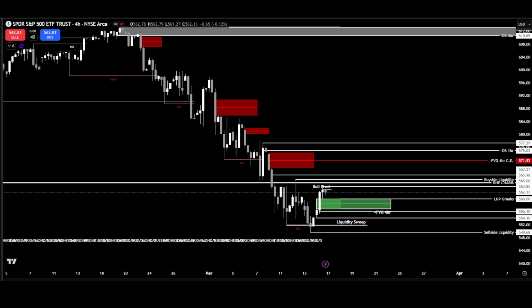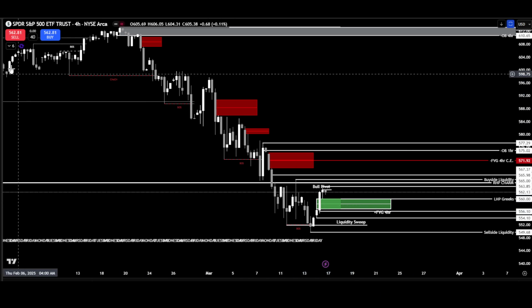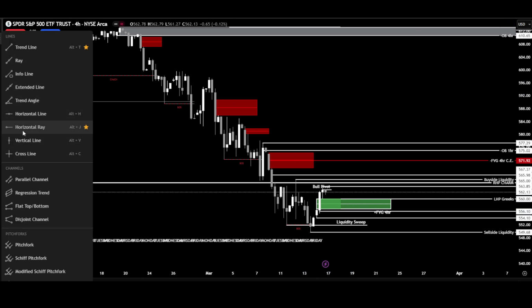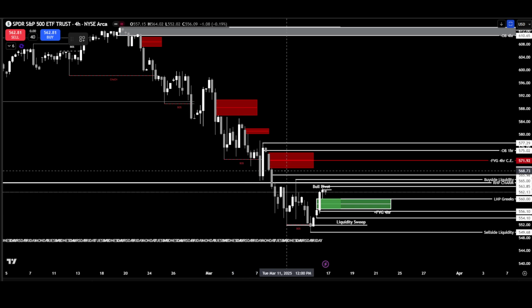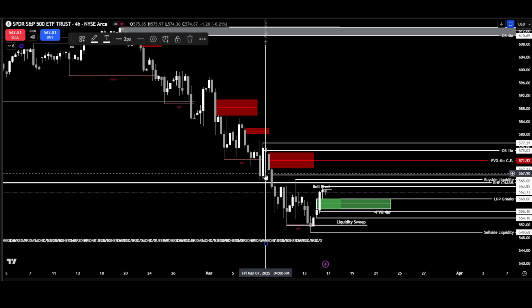So that becomes some sort of certainty for me that we can expect some sort of green day tomorrow. But that's nothing certain. It is a confluence from historically us not having that for the past 10 days.